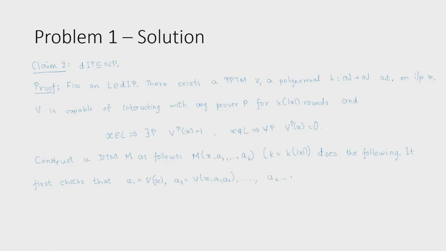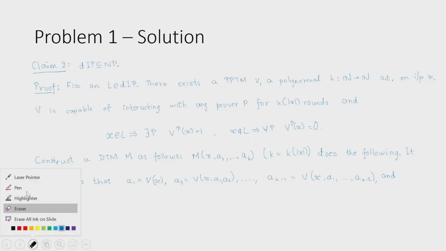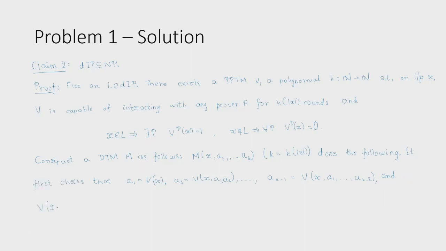A(k-1) is the verifier's output on X, A1 to A(k-2), and, no, not A k, and if the verifier's output on everything, so the entire interaction, is 1.